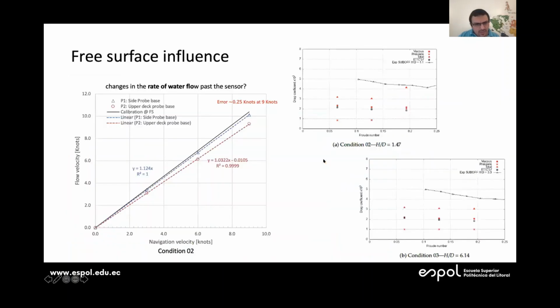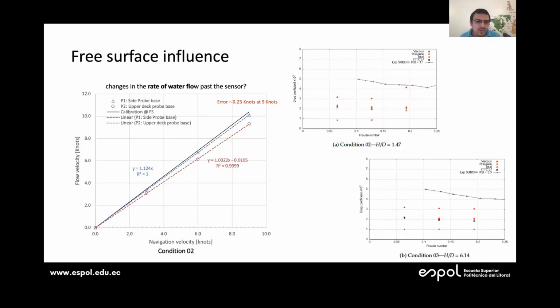So we came to the conclusion that the procedure our Navy is using now for the calibration of both probe sensors, using the surface condition, is not safe for them.